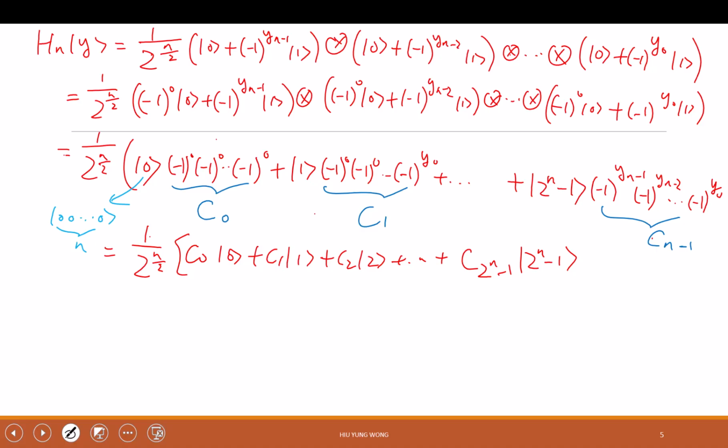I still have all these bases kept, but I have different coefficients. Of course, it is still 2 to the power n over 2, summation x equal to 0 to 2 to the power n minus 1, but then I have Cx times x. I just want to show you that everything is the same as what we did earlier, except that the coefficient is more complicated.